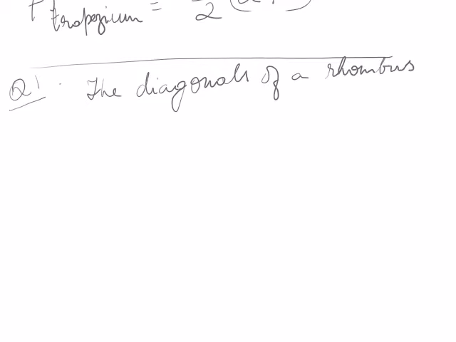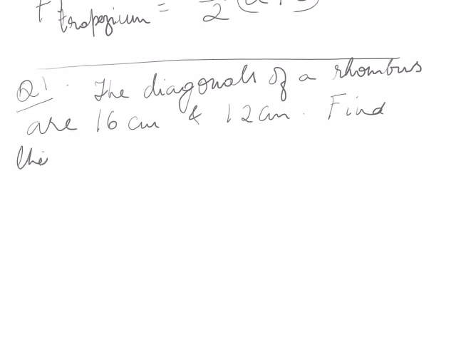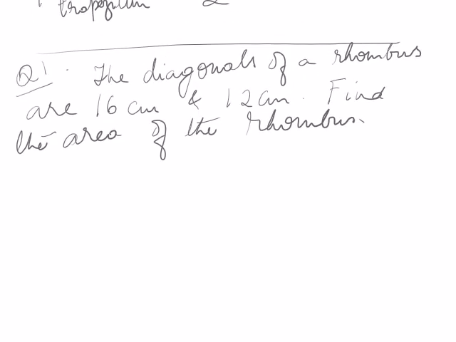The diagonals of a rhombus are 16 centimeter and 12 centimeter. Find the area of the rhombus.